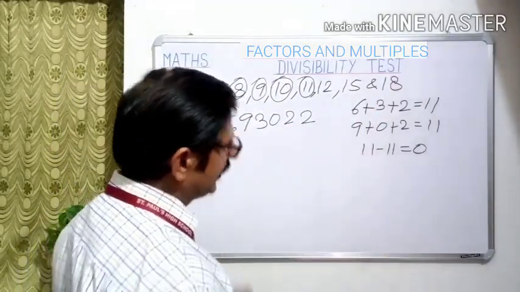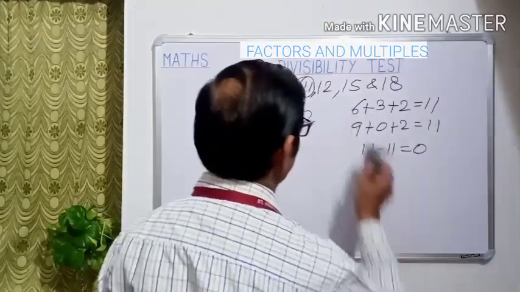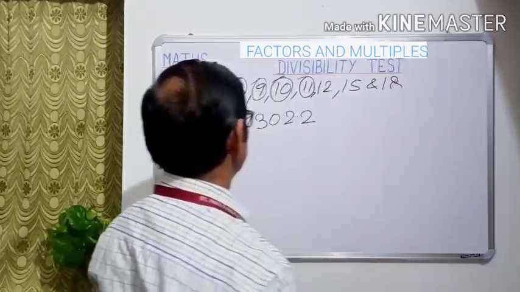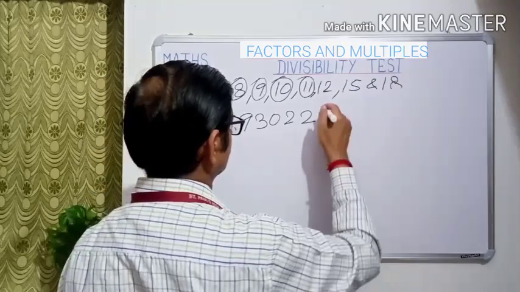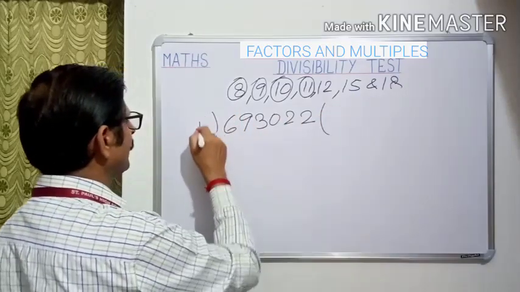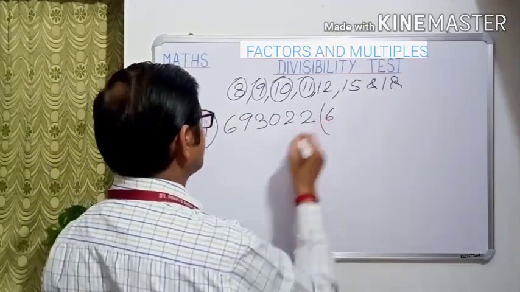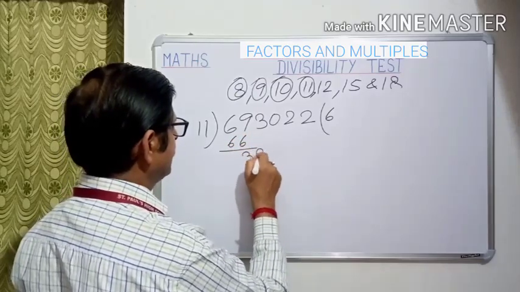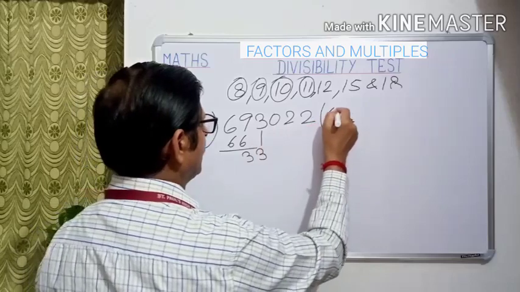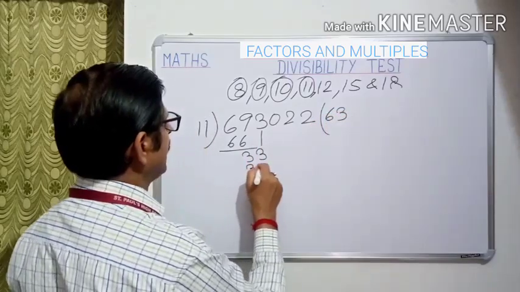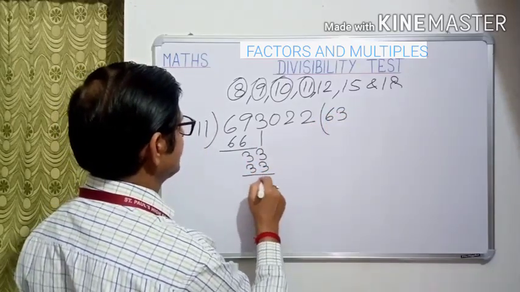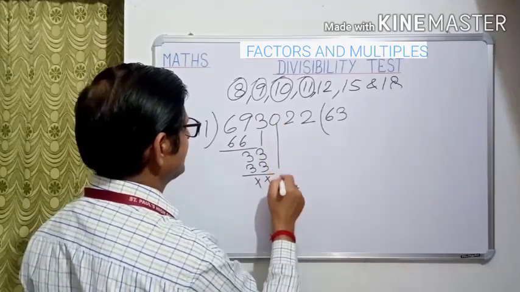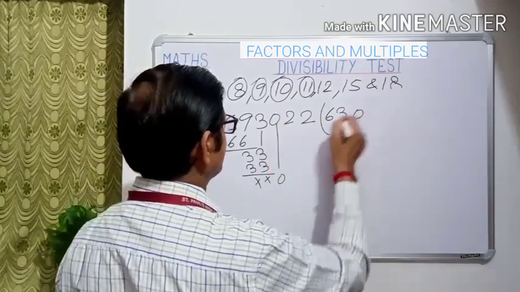As per our rule, this number is divisible by 11. 11 sixes are 66. 3 3. 11 threes are 33. 0 0.